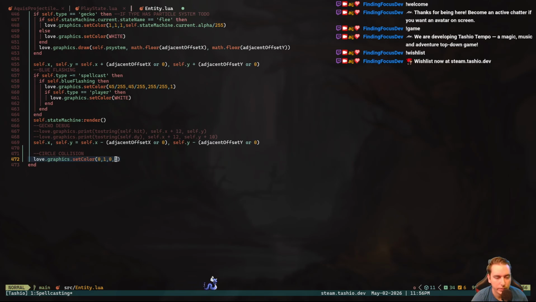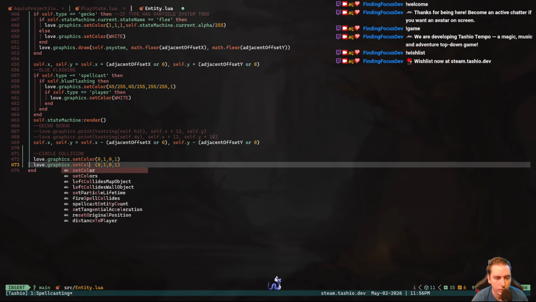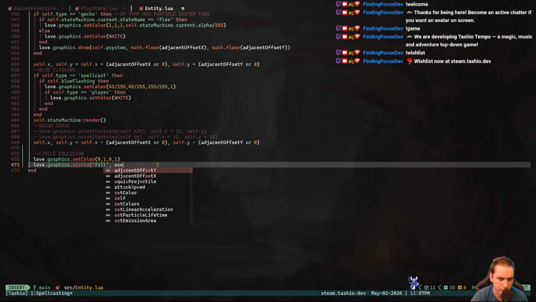Okay, so we're going to set the color to green, and then we're going to love.graphics.circle. Give it a fill type, and an X and a Y and a radius. And this is going to be at the own geckos.